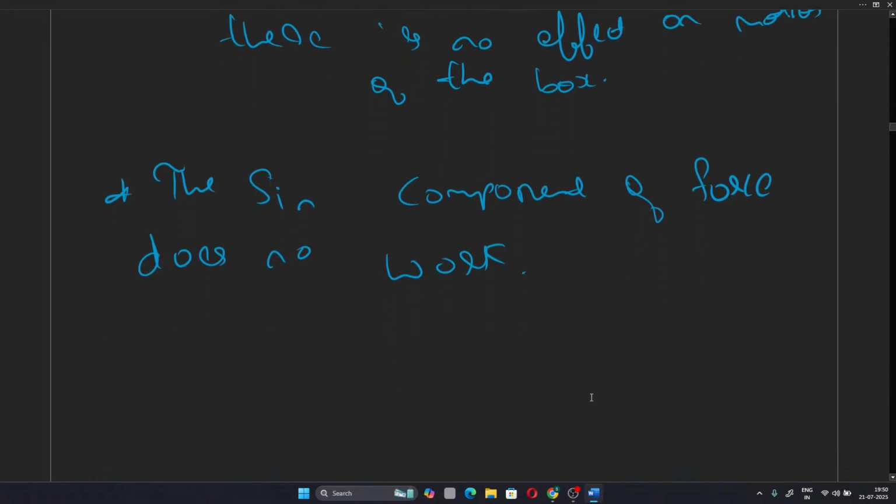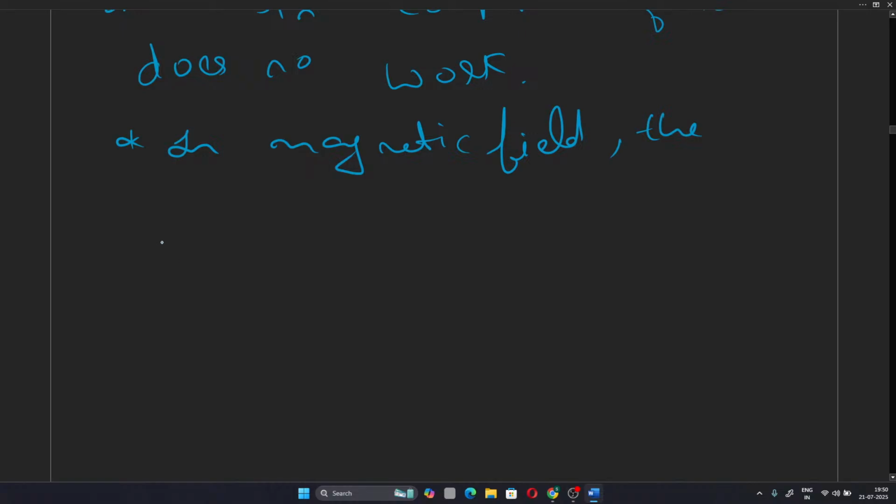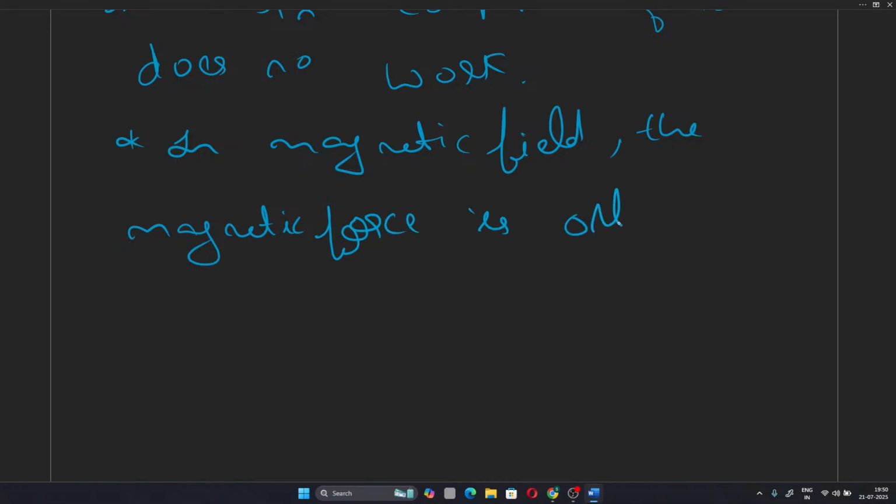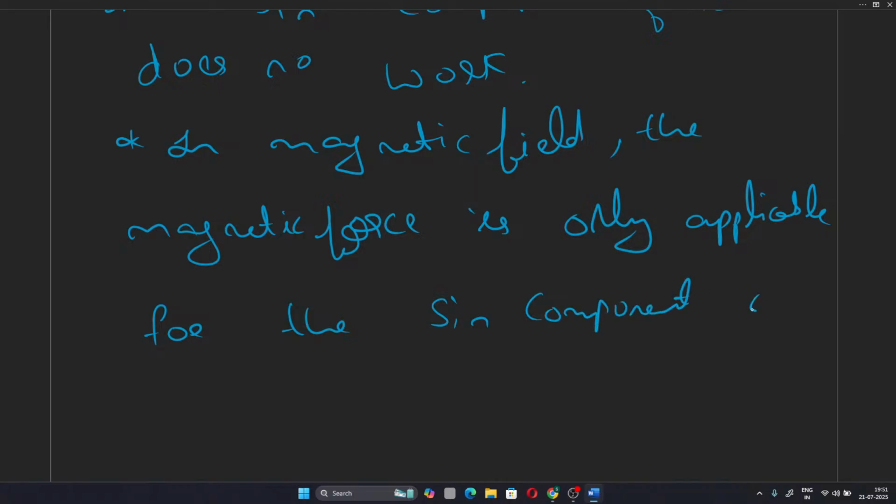But in case of magnetic field, the magnetic force is only applicable for the sine component of velocity.